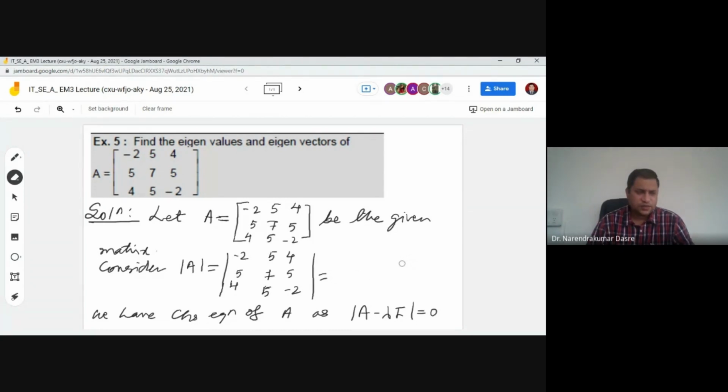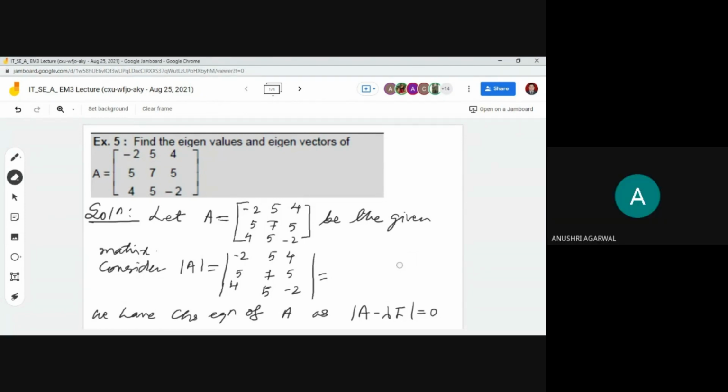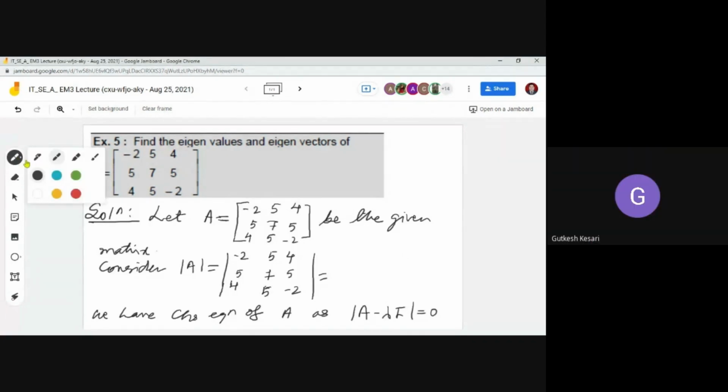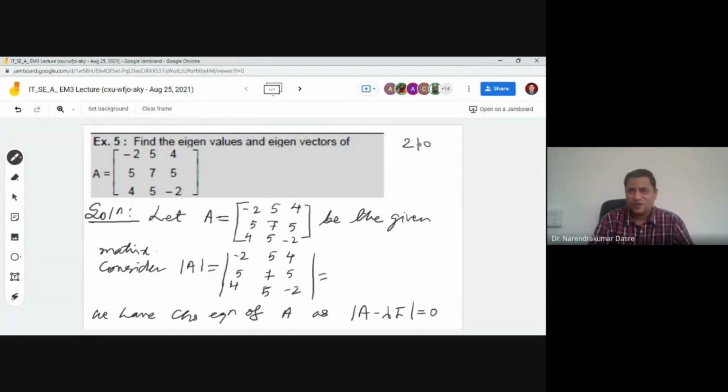How many of you got 210 or 206? It's 216. 208. 210, 206, 218, 216. We are getting four different answers.